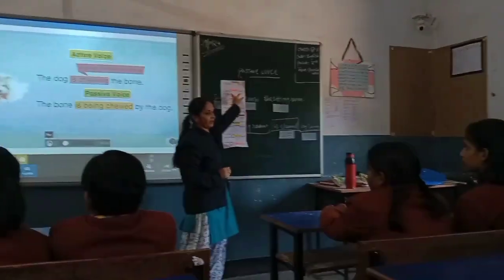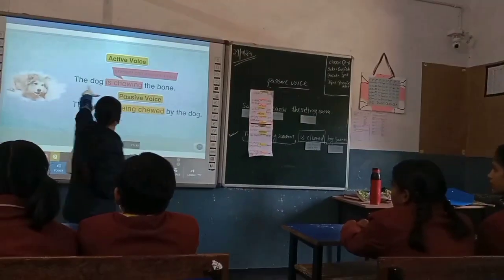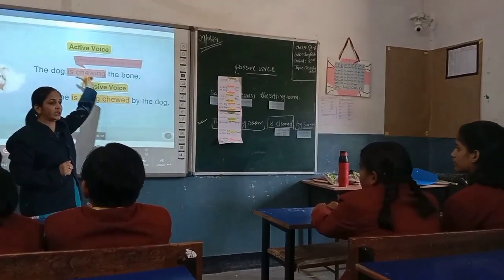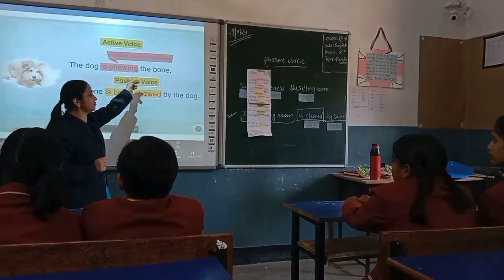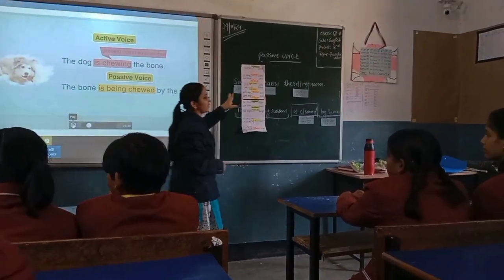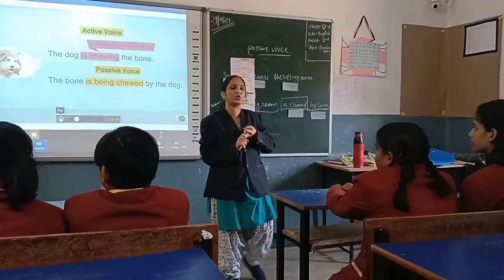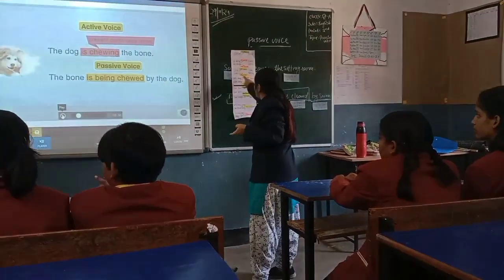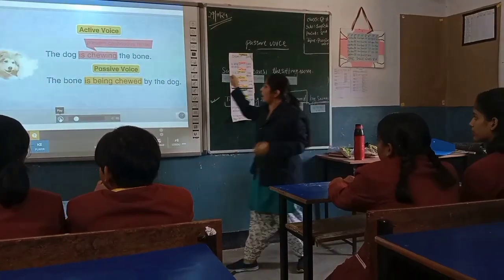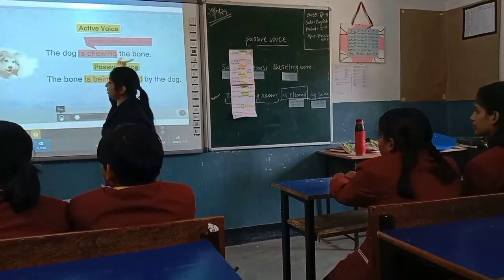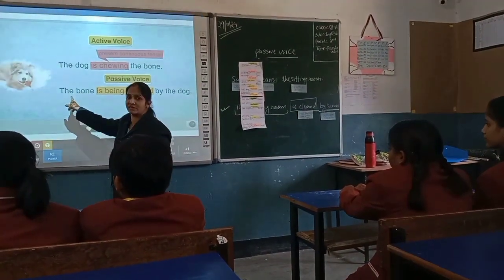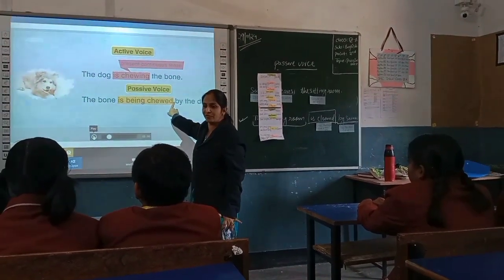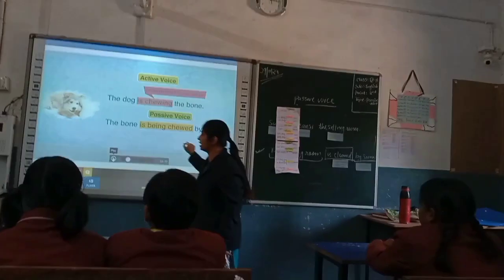The dog is chewing means your present continuous tense. It uses the ing form of the verb, but you can observe the main verb only changes into the past participle or V3 form. So here is being or are being, as an example. Your receiver of action has come first, then is being chewed, V3 form of the verb, and then by the dog.